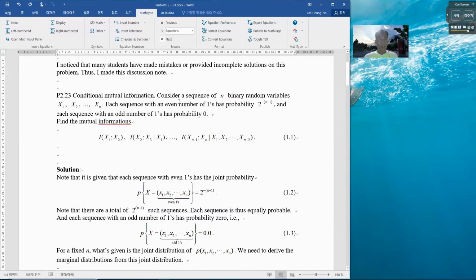So given this probability distribution, basically a joint distribution on these random variables, what we need to do is to find the mutual information between x1 and x2, x2 and x3 given x1, and so on, all the way up to this expression: the mutual information between the last two random variables given the first n minus 2 random variables.